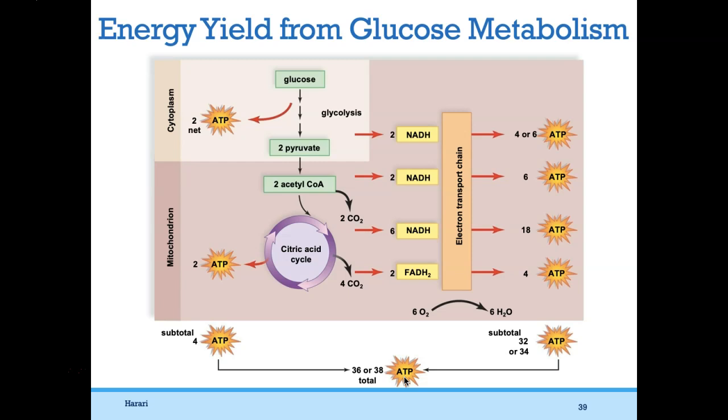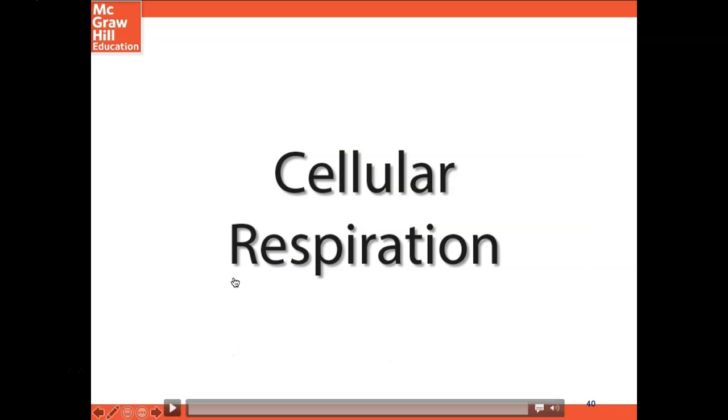And that might sound inefficient, but compare that to a car. A car only uses about 20% of the energy contained in gasoline to physically move. So it's very inefficient when you think about it. So our mitochondria are twice as efficient as an automobile engine. So let's watch this video to review.